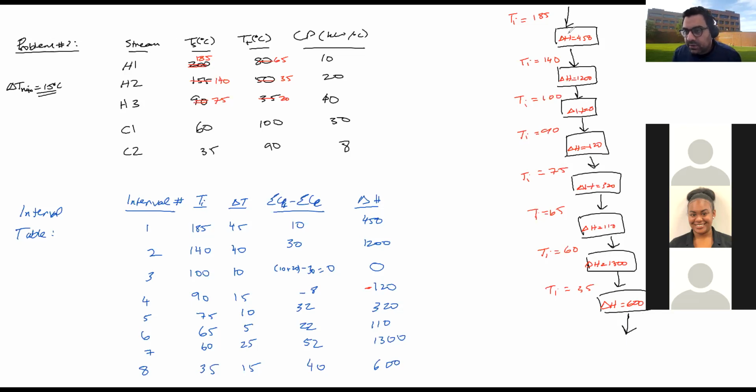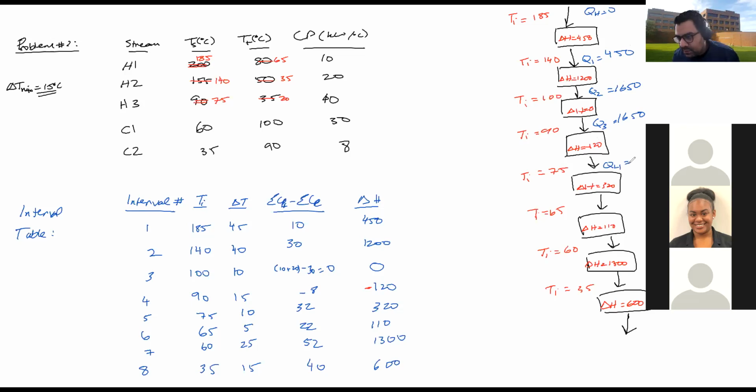So initially I'm going to start with QH equals 0. Q1 will be 0 plus 450, 450. Q2 will be 450 plus 1200. This is 1650, and all of these are in kilowatts. Q3, 1650 plus 0, 1650. Q4, 1650 minus 120.